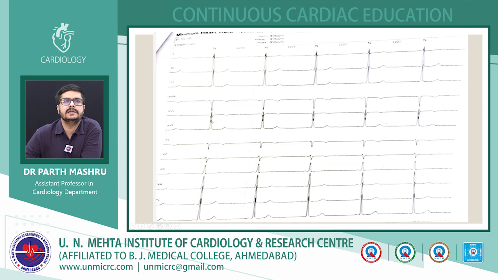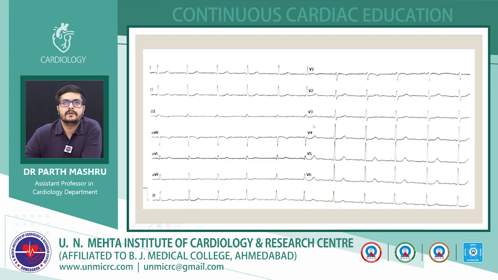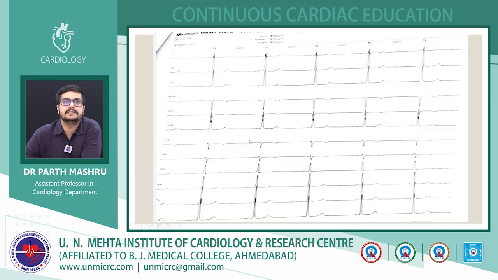In lead AVL, the QRS has become negative. If you compare it with the baseline ECG, AVL was more positive, but after giving adenosine, there was no AV block, and instead the QRS in AVL became negative, which led us to suspect a possibility of an accessory pathway rather than OTVPCs.